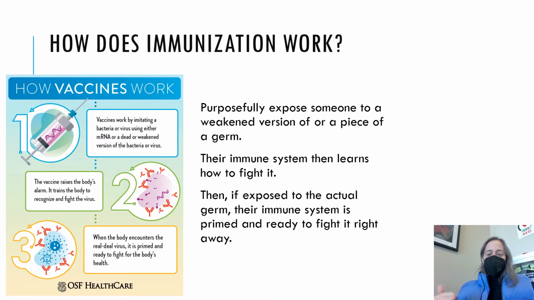So we want to give them a head start, some advanced training and preparedness, so that then in step 3, if you get exposed to the germ, your immune system is already primed and ready to go. Sometimes vaccinations or immunizations can be so successful that your body is able to completely prevent you from even getting infected at all. Sometimes it's not that strong, but vaccination and immunization can still make a difference in your outcomes.